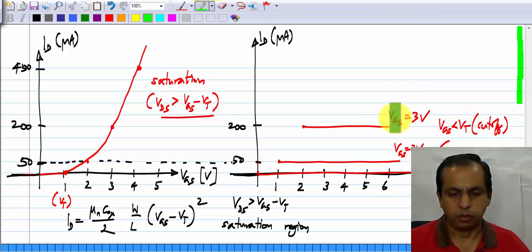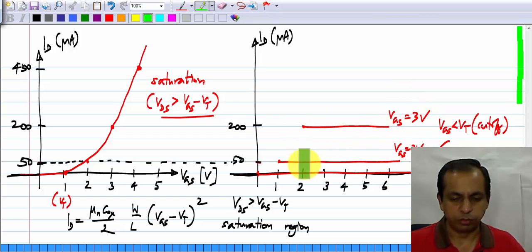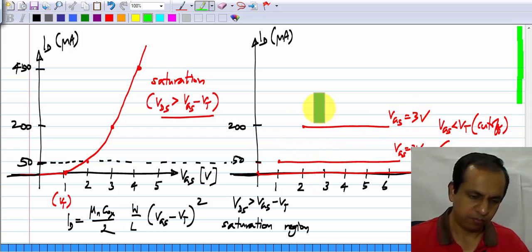So, in other words, for VGS equals 3 volts, we will have this constant current if VDS is more than VGS minus VT, which is 2 volts, okay.